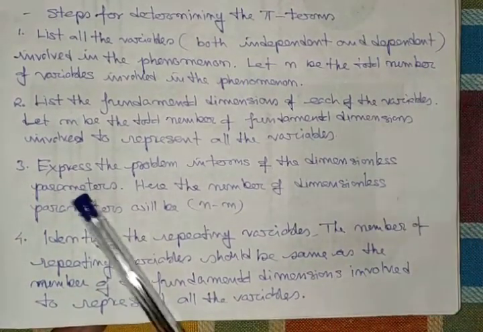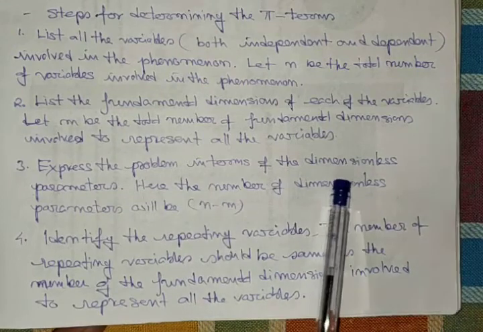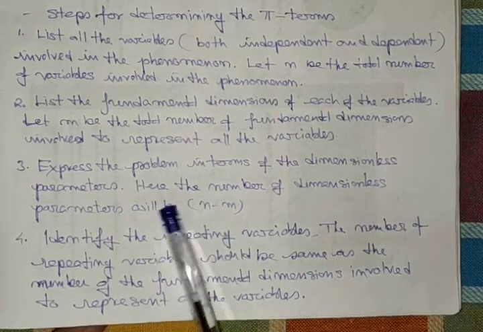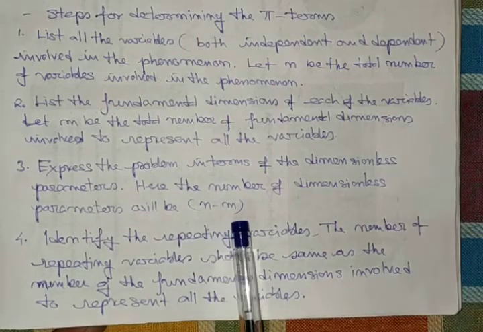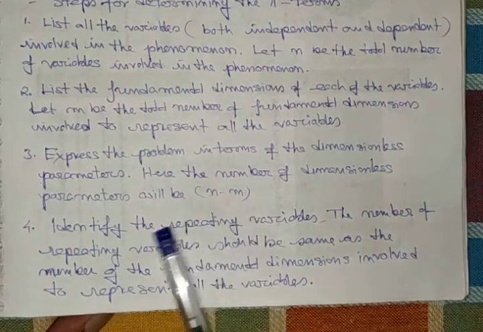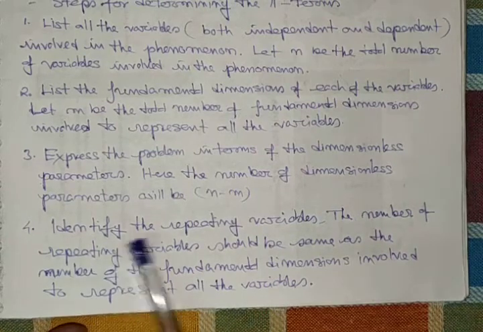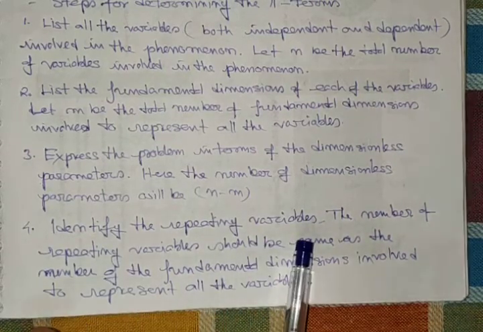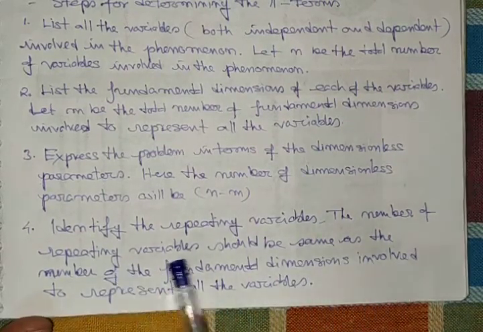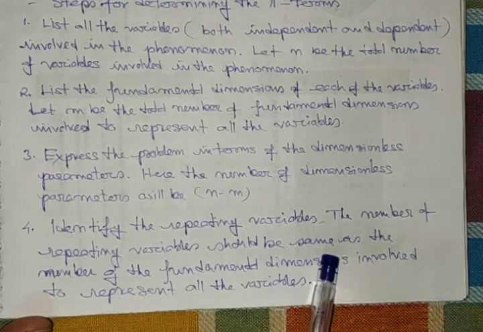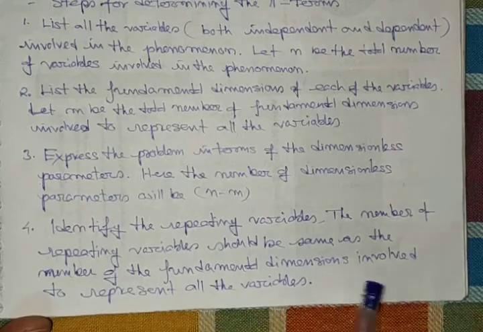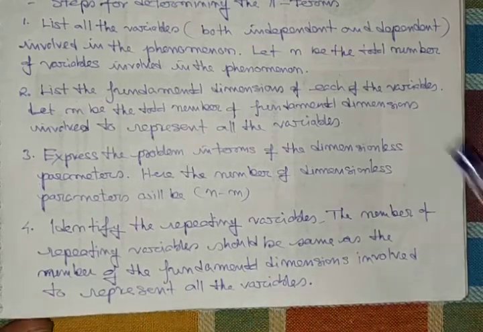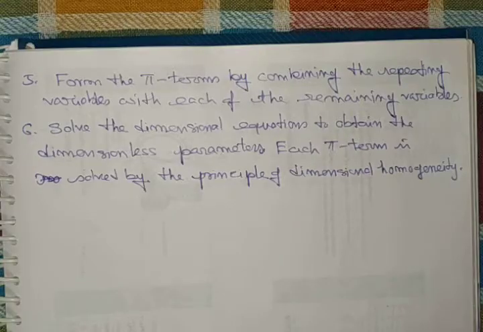Number 3, express the problem in terms of dimensionless parameters. Here, the number of dimensionless parameters will be n minus m. Number 4, identify the repeating variables. The number of repeating variables should be the same as the number of fundamental dimensions involved to represent all the variables.